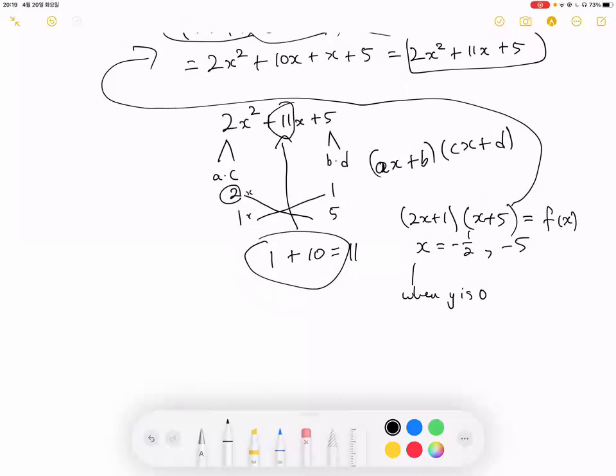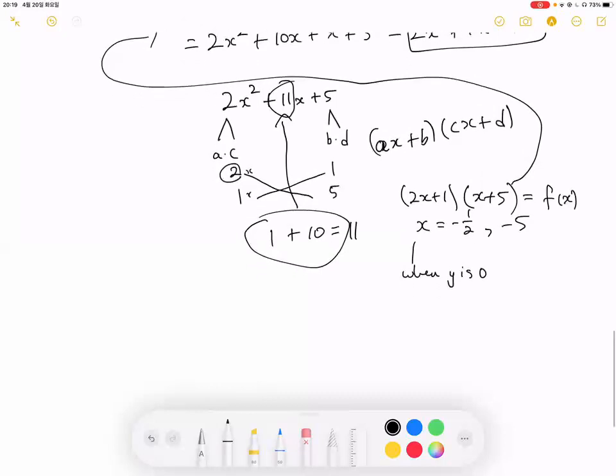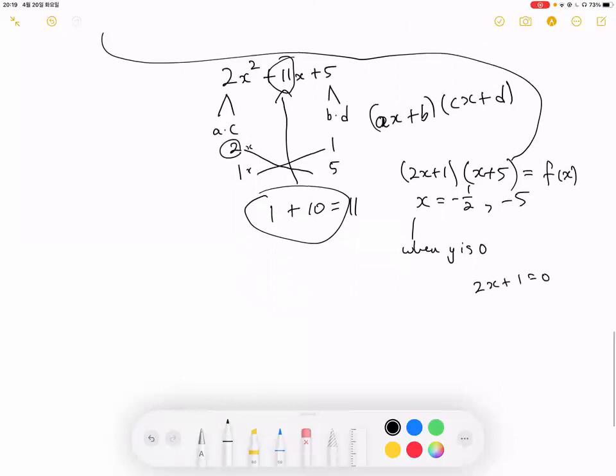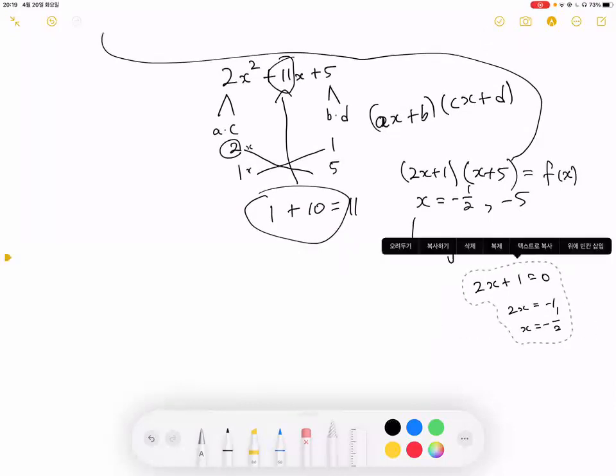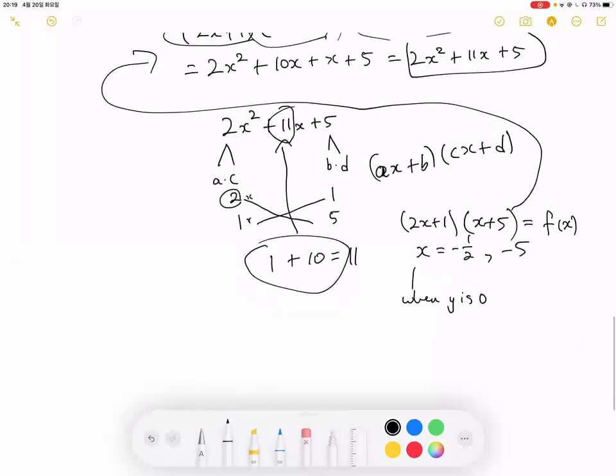Because you might wonder where the negative 0.5 came from. It's 2x plus 1 equal to 0. Then 2x would be equal to negative 1, therefore x is equal to negative 1 over 2. Okay, let's just delete this because it's a waste of space, but hopefully that makes sense, right?